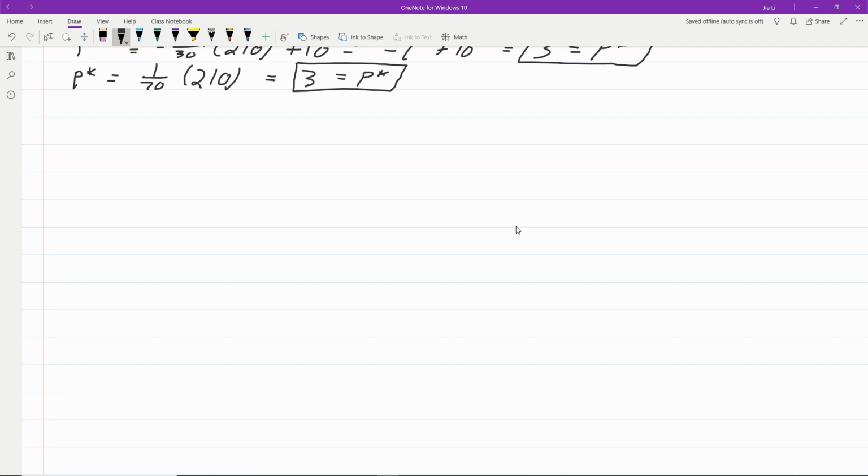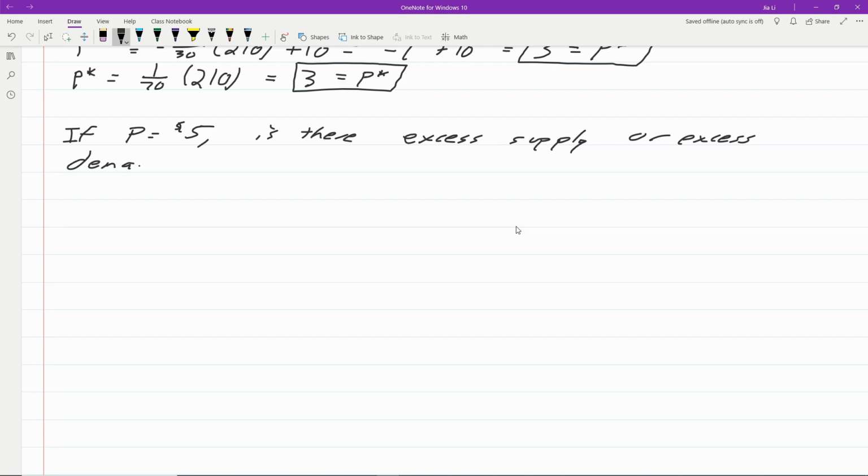So for example, if I was just given these equations and I was asked this question, if price is equal to, let's say, $5, is there excess supply or excess demand? And if so, how much is the excess?